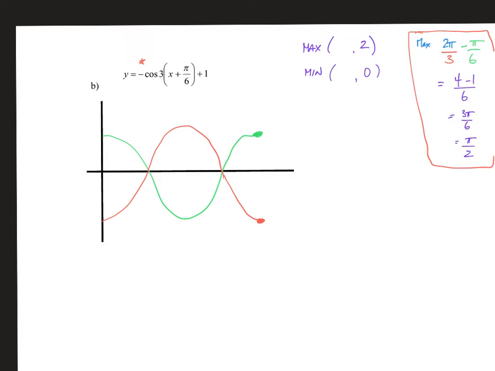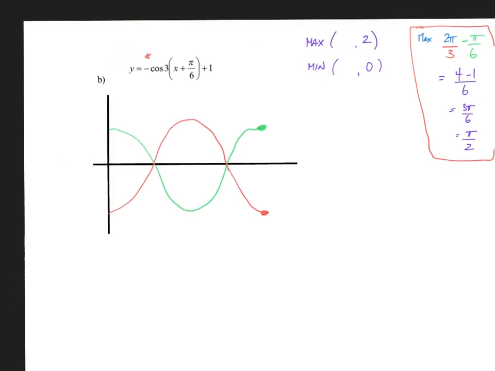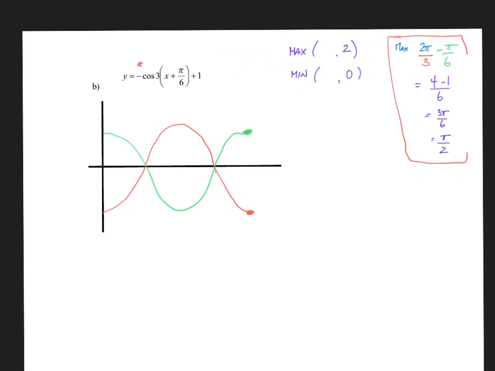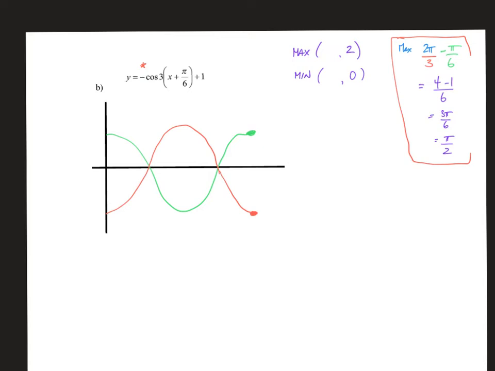I actually found the location of my minimum. Sorry, that jumped on the screen there. When I found that pi by 2, I actually found the x-coordinate of my min. You'll notice that the reflection in the x-axis makes that a bottom on my curve. Now when I do my horizontal stretch by a factor of 1/3, that's what brings me to 2 pi by 3. And then when I shift it to the left pi by 6, that's what brings me in at a value of pi by 2.